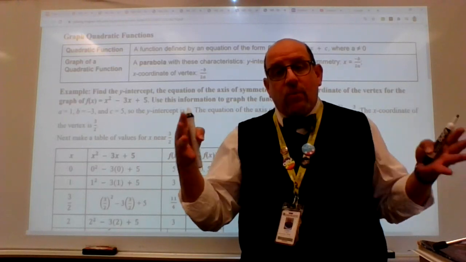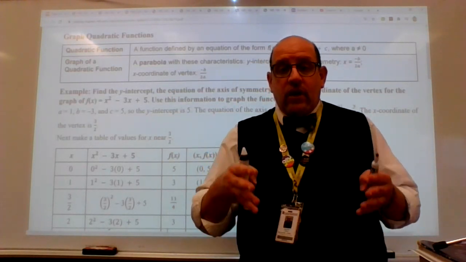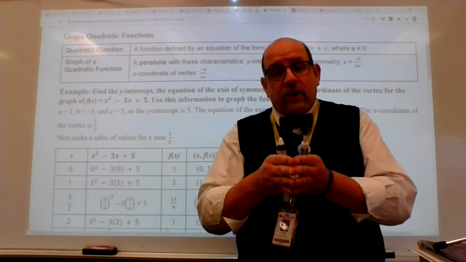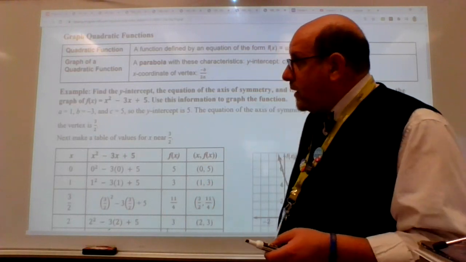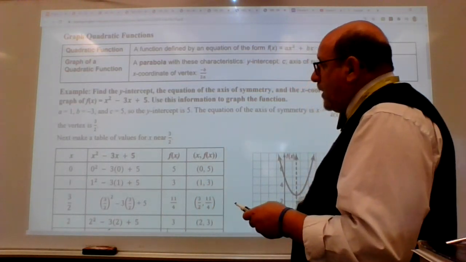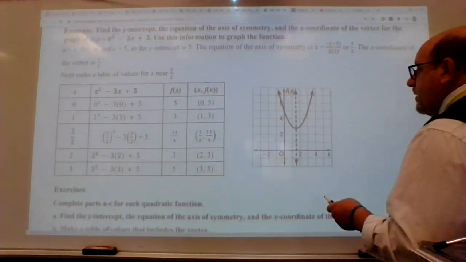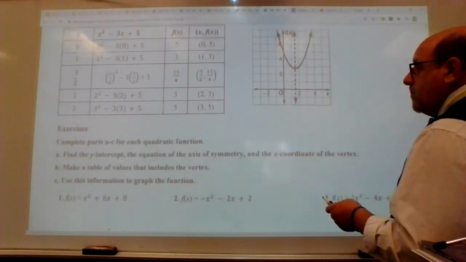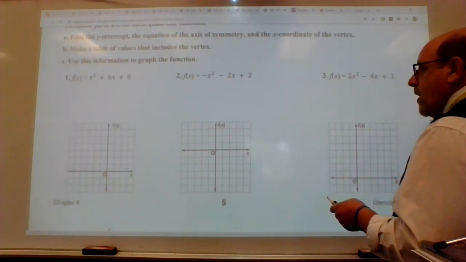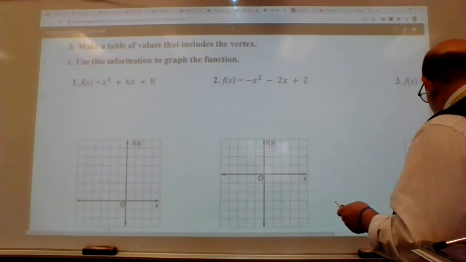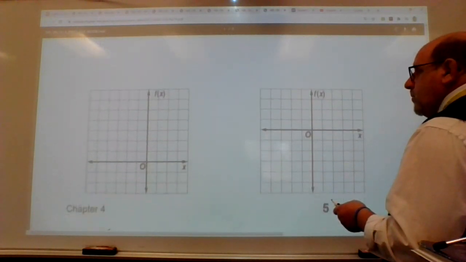What we get when we do the math with that x value is going to tell us where that vertex point is on the graph, and we can put a dot on the graph right there. So in this example, I don't know if you can see it, so I'm going to do this first problem, but what I need to do is blow it up so you can actually see it, right? I want to do all this work.